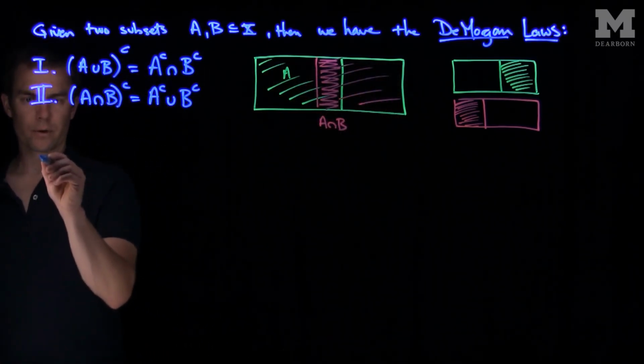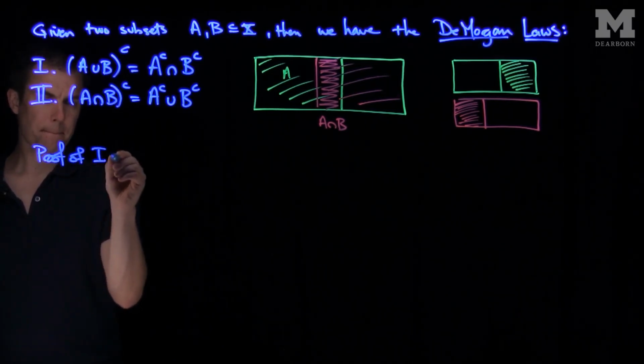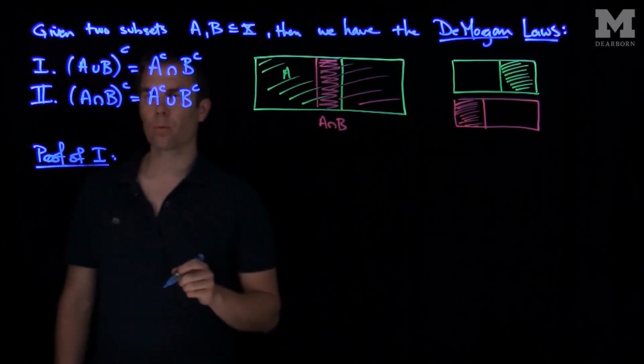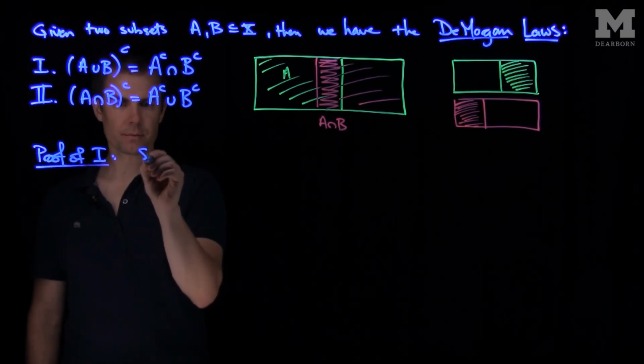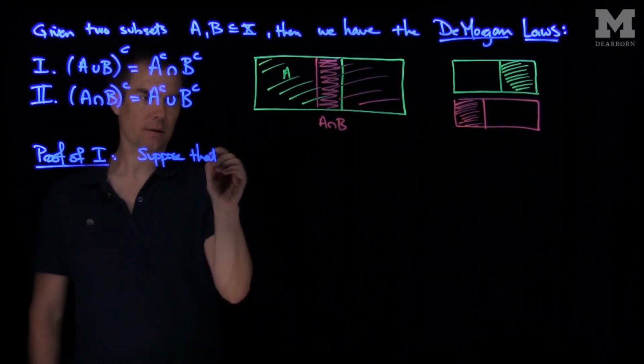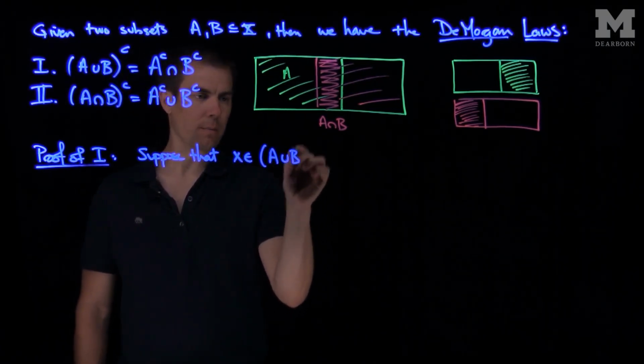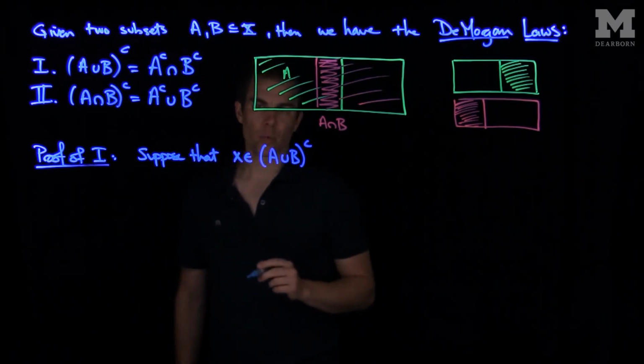If we were to prove one, for example, so let's do the proof of one. The proof of one, we suppose that there is an element X, which is in A union B complement. Now we unwind what that means.